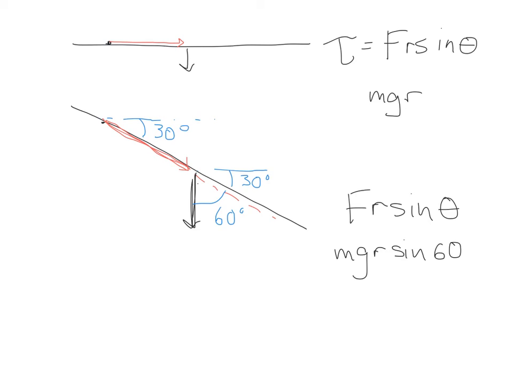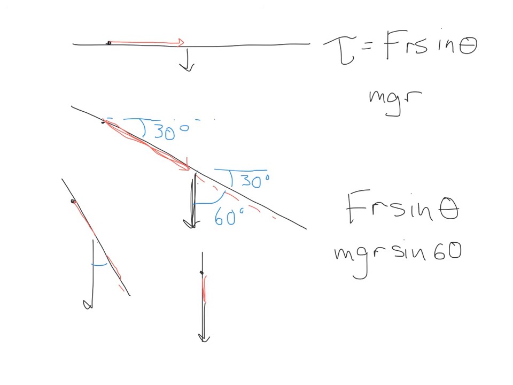After it has fallen a little bit further, I'm going to have to draw this one a little bit smaller right there. You can see that as it continues to fall, the force of gravity remains in the same direction, but the angle between my radial vector and my force vector is going to keep getting closer and closer to zero until eventually the rod is hanging straight down and my force vector and my radial vector are parallel.